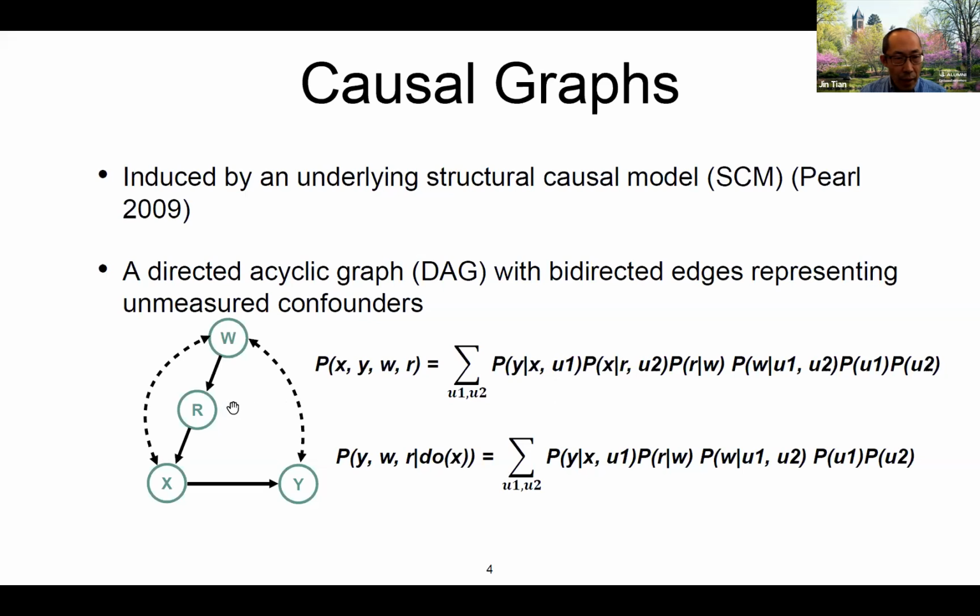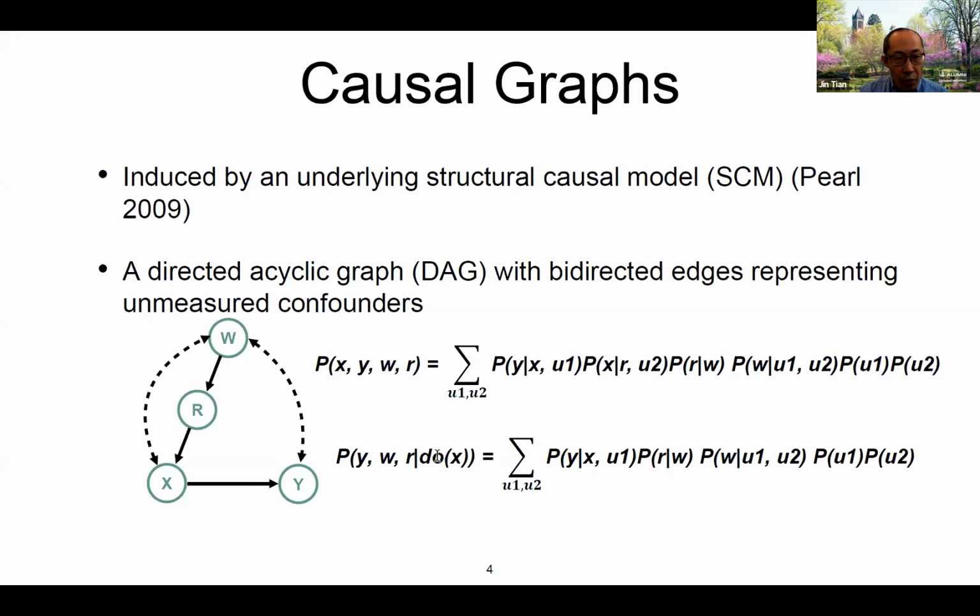For example, this graph is known as the napkin graph by Pearl. So I will call this graph the napkin graph. That's the factorization according to the napkin graph. Then the observed distribution can be obtained by marginalizing out the unobserved variables.